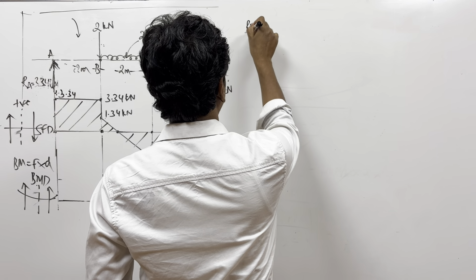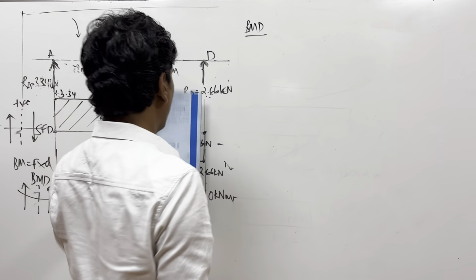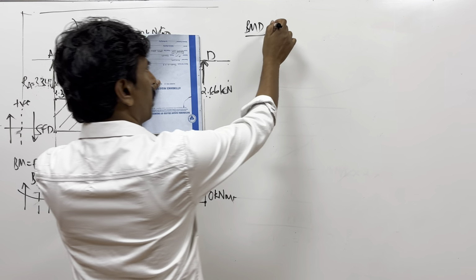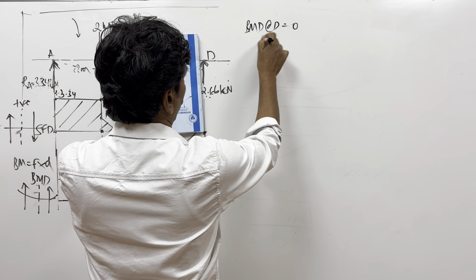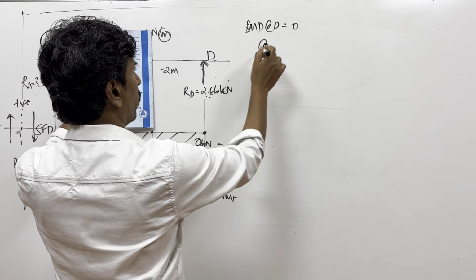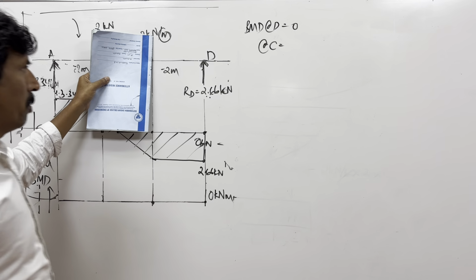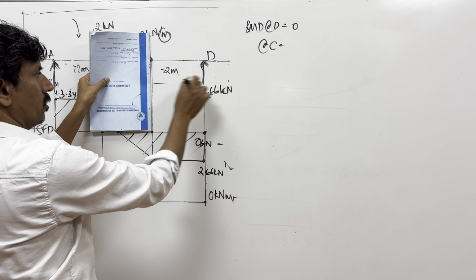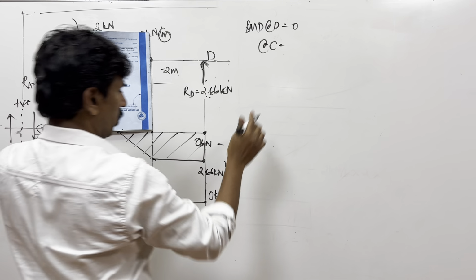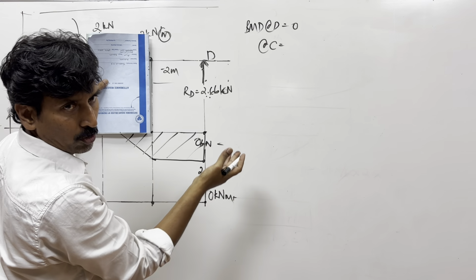So bending moment diagram, BMD. The bending moment at D is equal to 0. Bending moment at, what is this point? C. So what is the bending moment at C? There is one force going upwards. What is the distance? 2 meters. So going upwards on the right hand side is positive or negative?